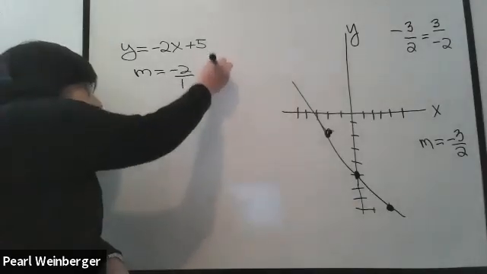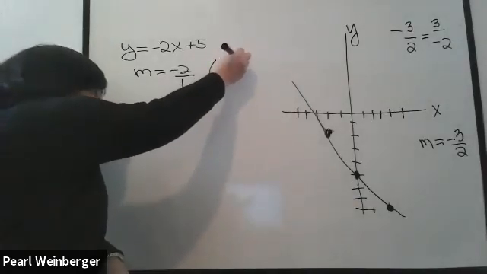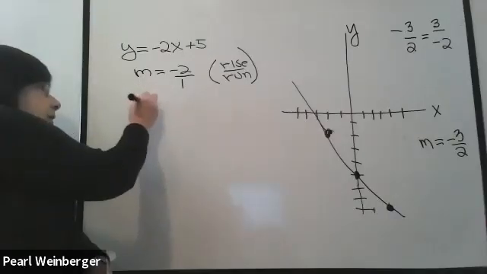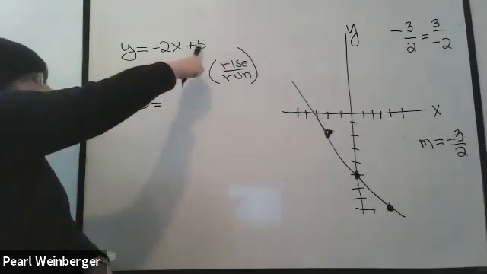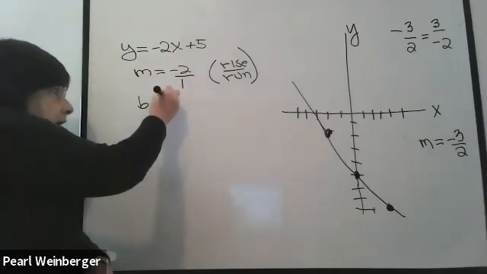Remember, this is our rise over run. And my b, my y-intercept, is going to be the standalone number, which is the 5, positive.